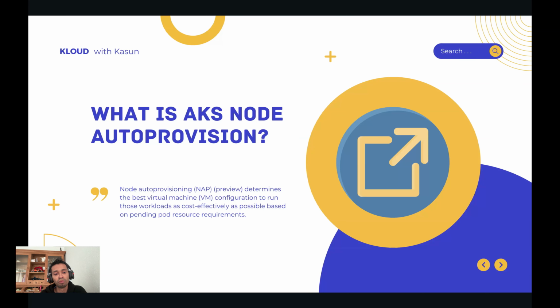When you deploy that workload into the cluster, AKS Node Auto-Provisioner will go through how much resource is needed for this workload, and based on that, it will optimally choose which kind of node is suitable for the workload.